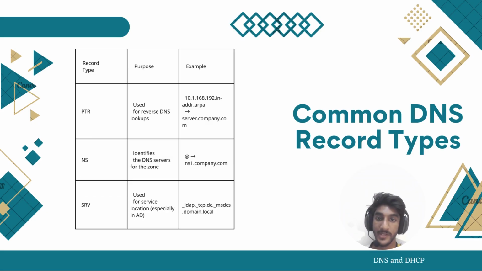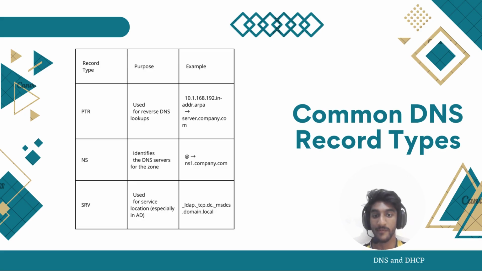Next, we have PTR. PTR is used for reverse DNS lookups. For example, we are searching 10.1.168.192.in-addr.arpa. It converts it into server.company.com. Next, we have NS, which identifies the DNS server for the zone. For example, if we type at, it automatically converts it into ns1.company.com.